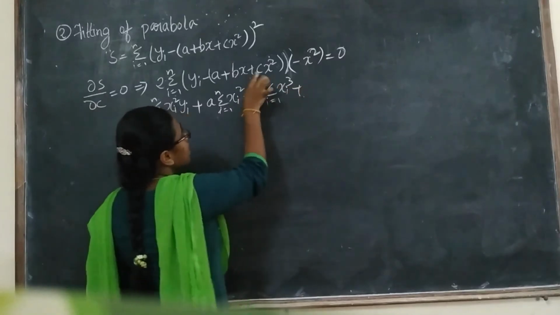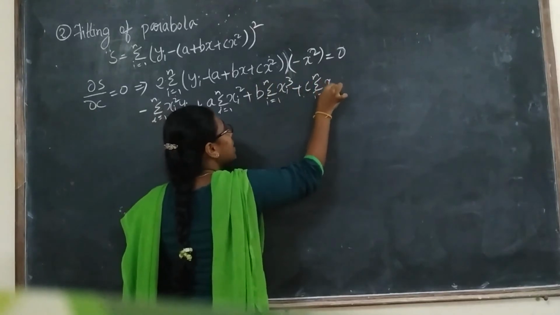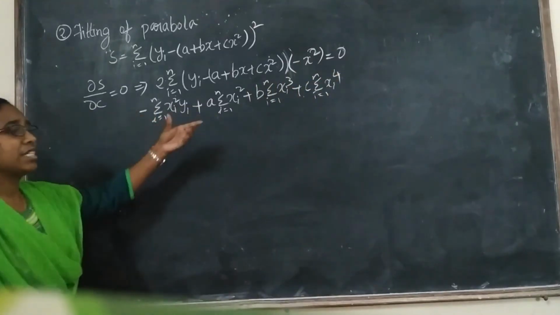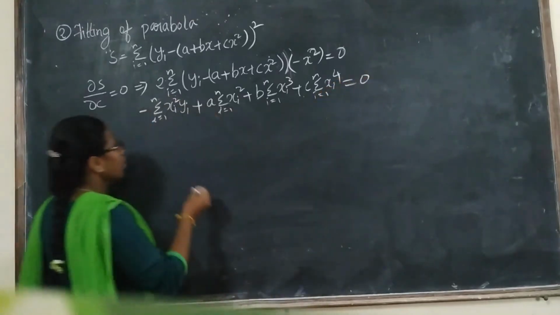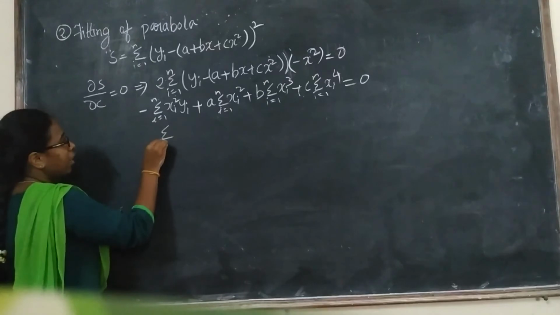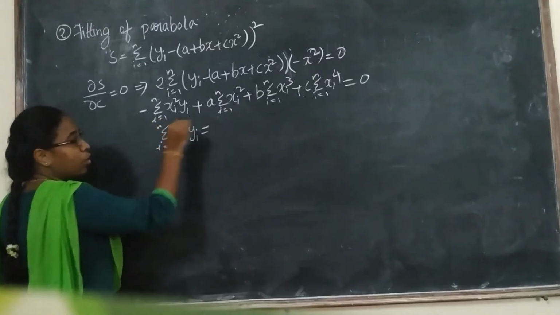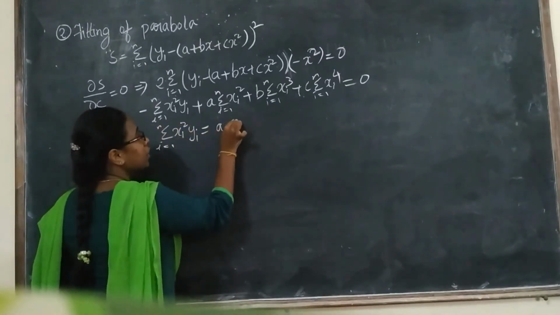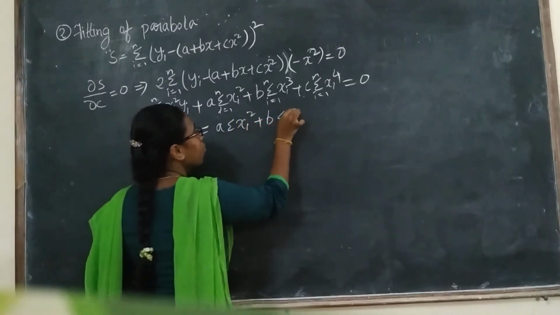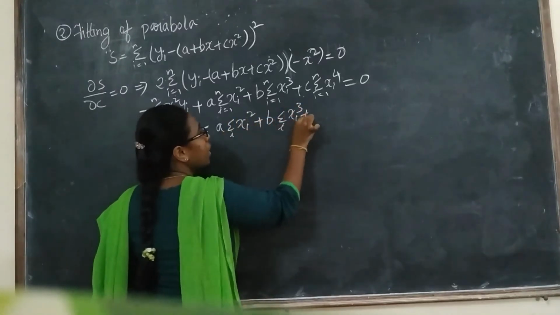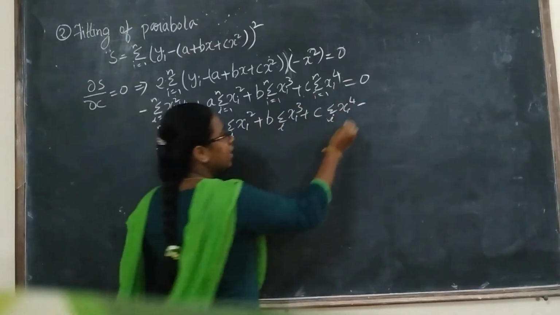Next, plus c into summation i equals 1 to n xi power 4. Send the minus term to that side, this term will become positive. So that you will get summation i equals 1 to n xi square yi equals to a summation xi square plus b summation xi cube plus c summation xi power 4. So this is the third equation.